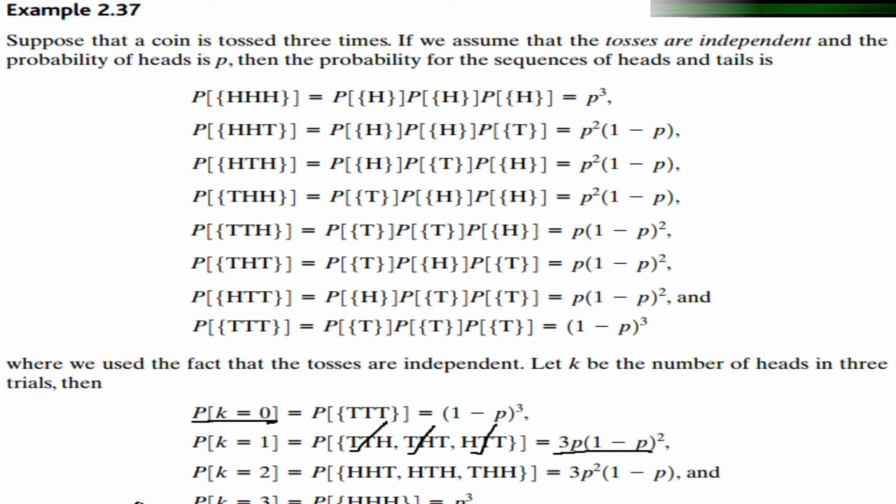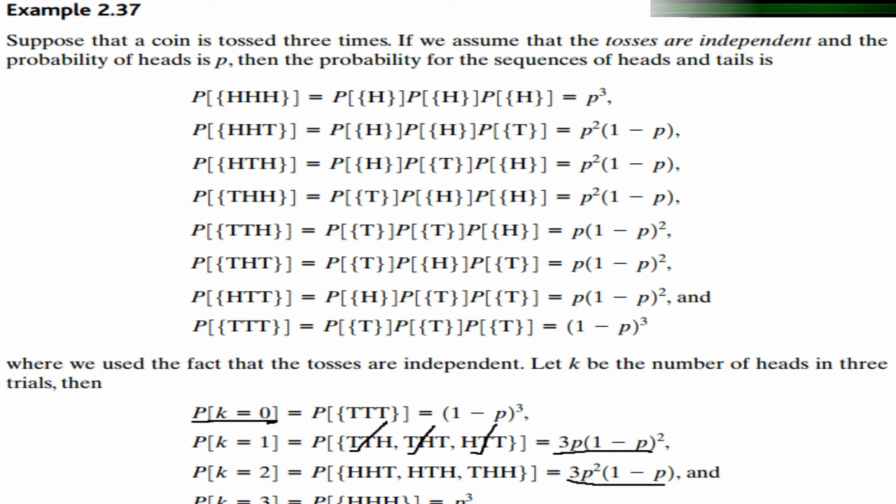Similarly, to find the probability of 2 successes, we again add all the events in which we have 2 heads, because we are calling heads our success. After adding their probabilities, we will get this answer.